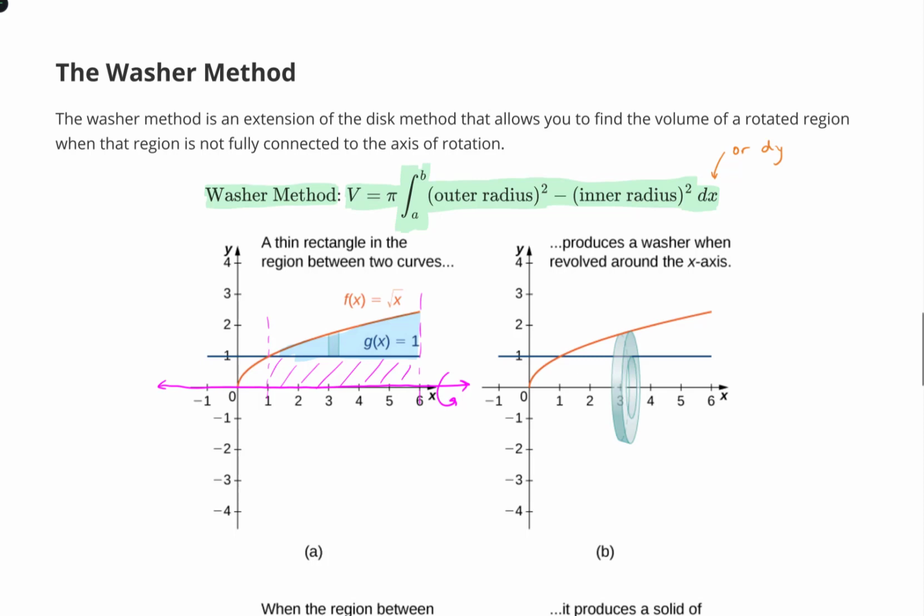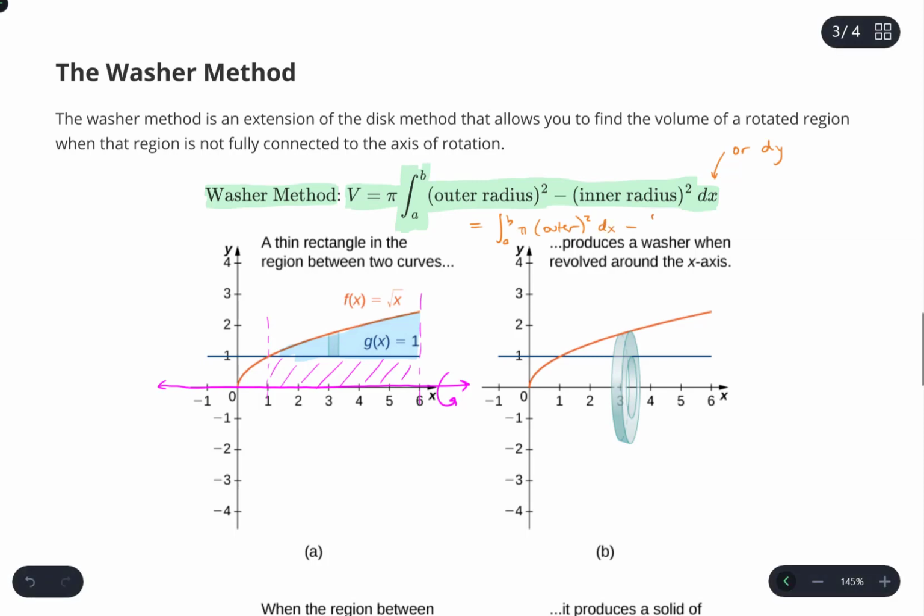But if you'll notice, this is really just the exact same thing. If I distribute this pi, I would have the integral from a to b of pi times this outer radius squared. And since I have two parts to my integral, I can actually split this integral up and separate it.